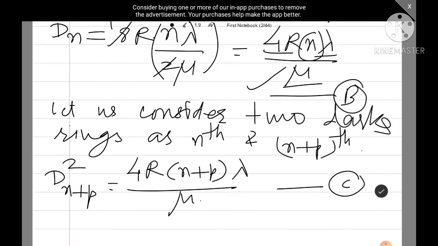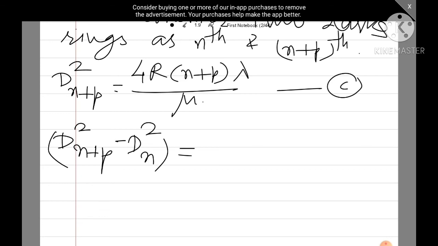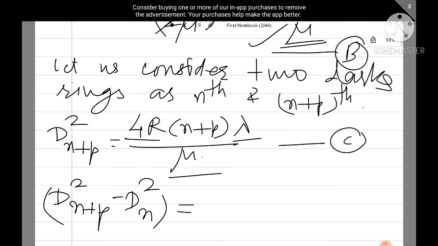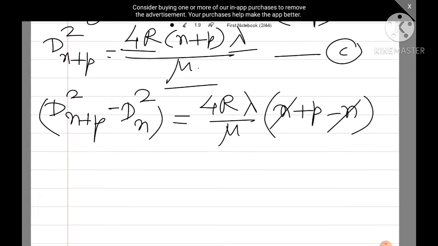So let us try to find the difference of their diameters, means dn plus p whole square minus dn square will be equal to, obviously, 4r lambda upon mu, which is constant in both, so let us take it common. Under the bracket we have n plus p minus n, and n will be cancelled out, we have only p.